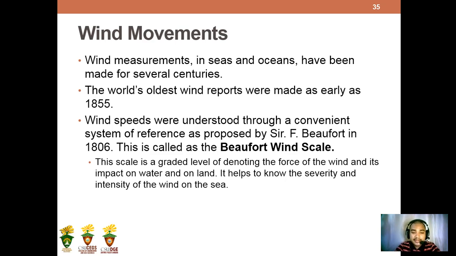This scale is a graded level denoting the force of the wind and its impact on water and on land. It helps to know the severity and intensity of the wind on the sea. It is a graded level that could denote the force of the wind and its impact on water and also on land.